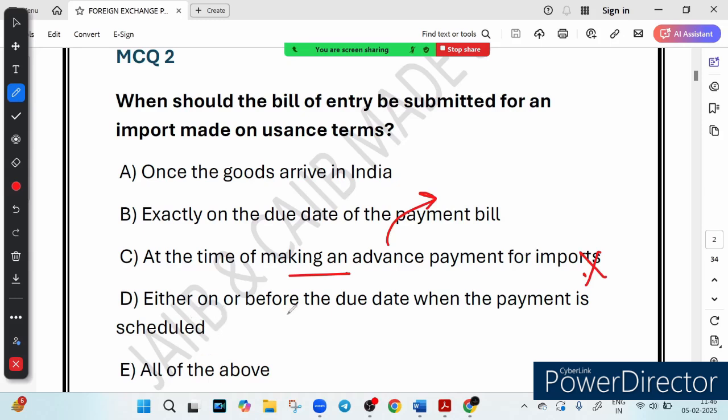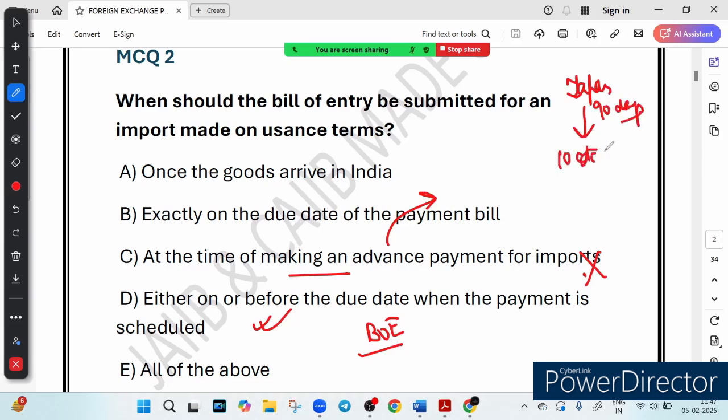Option D says either on or before the due date when the payment is scheduled. Yes, this is the correct answer. Trade regulation requires the bill of entry to be submitted before or on the due date to ensure a smooth financial transaction and compliance. For example, an Indian company imports electronic items from Japan with a 90-day usance period, and the payment is due on 10 October.